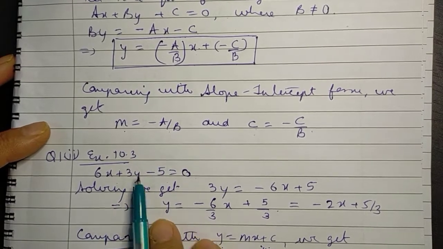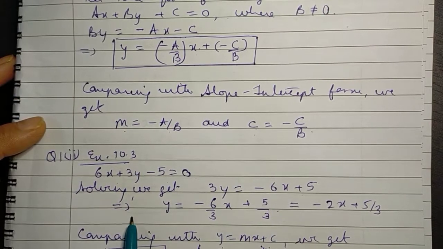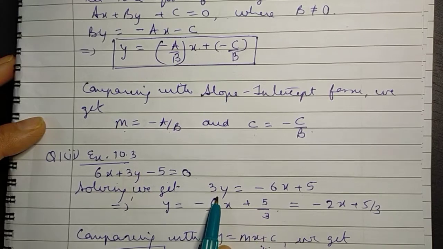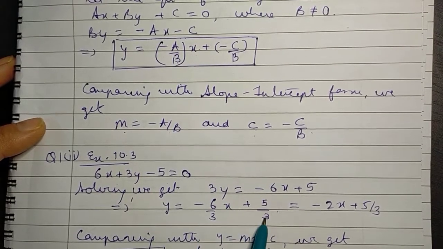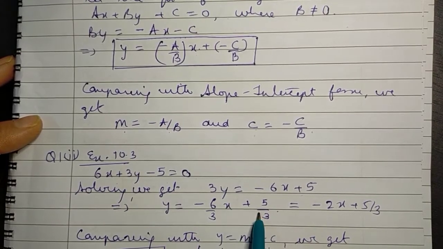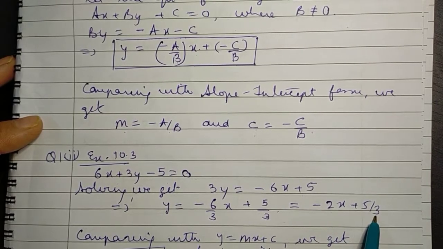So solving, we get 3y is equal to minus 6x plus 5, which gives us y is equal to minus 6 upon 3 x plus 5 upon 3. Now there is already a plus sign over here, so we need not bother. We just continue writing it like this, and it gets solved to minus 2x plus 5 by 3.